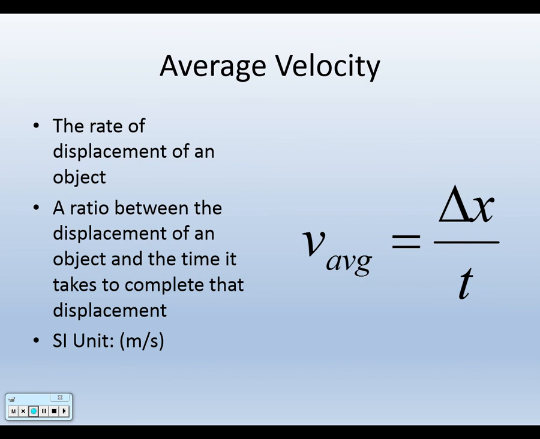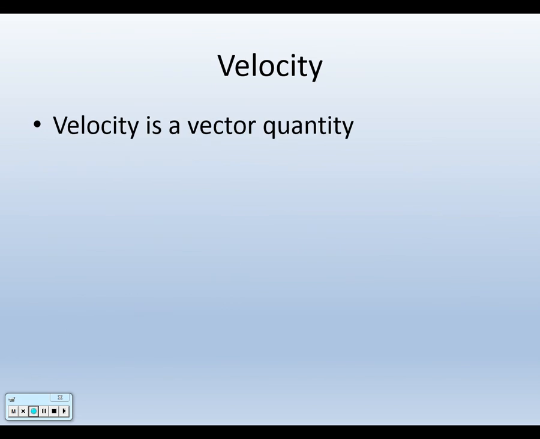Okay? So, velocity is a vector quantity. And that means it has to tell us two things. What does it have to tell us? Direction and magnitude.